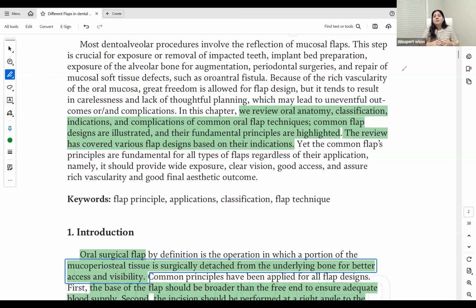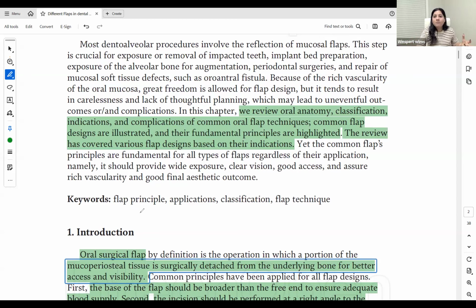And it is important that you know and understand the oral anatomy, the classification of the flaps, where each flap is indicated, right? What are the common flaps that are used? What are their names? How do they look? What are the incisions? Where are those incisions given, right?